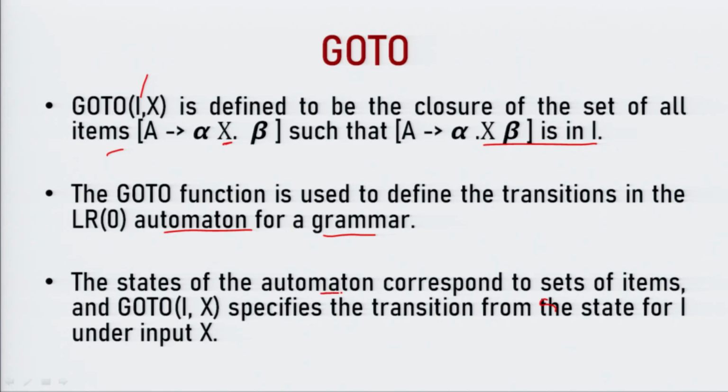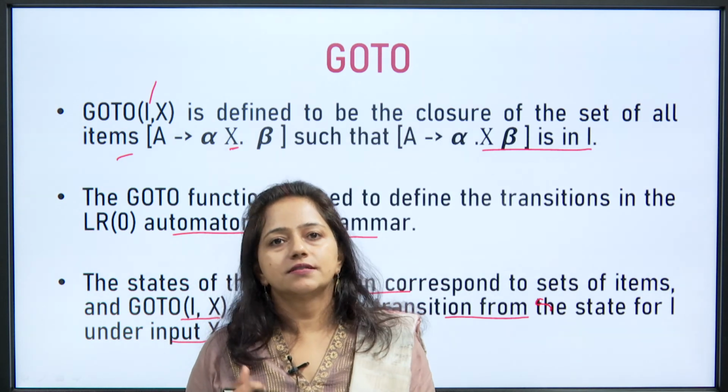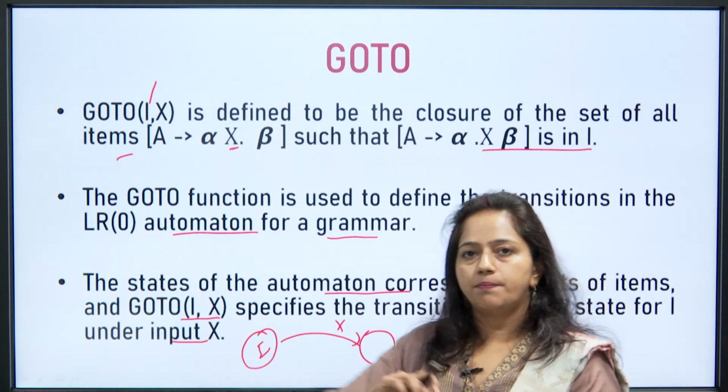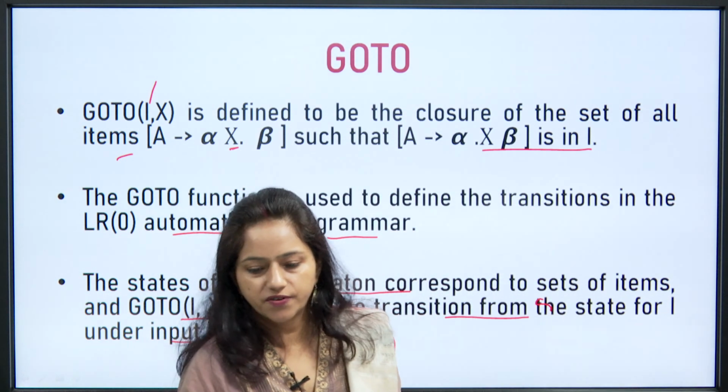The states of the automaton correspond to the sets of items, and goto I comma X specifies a transition from the state for I under input X. So, it will be like this: this is a particular I, and for X it will show you what the next state should be. So, we studied closure to get the states, and we are studying the goto function to know the transitions, meaning for a particular symbol, to which state we should move.